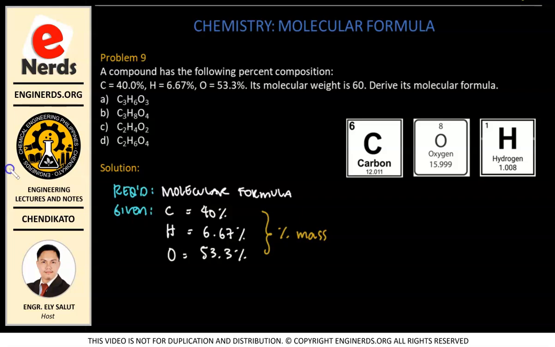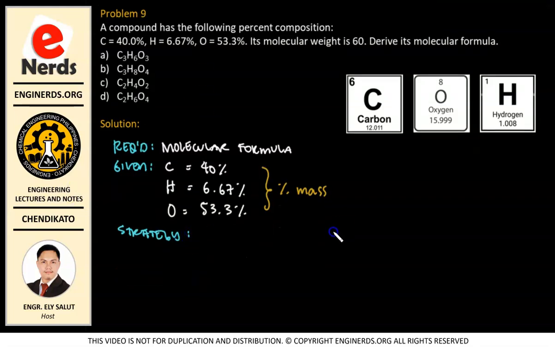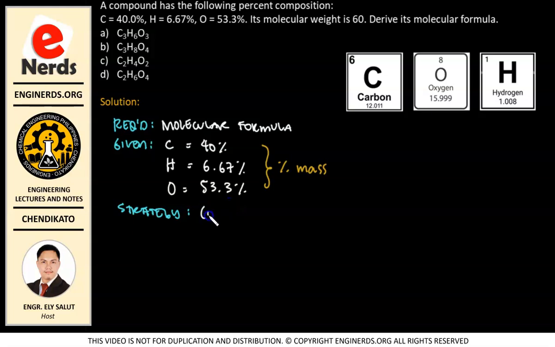Before we proceed with our solution, let us talk about the strategy that we're going to use in order to solve this type of problem. For this type of problem, what you have to do is to determine the empirical formula first. If you already solved problem number 7 and problem number 8, it means you are already aware how to get the empirical formula of a compound.